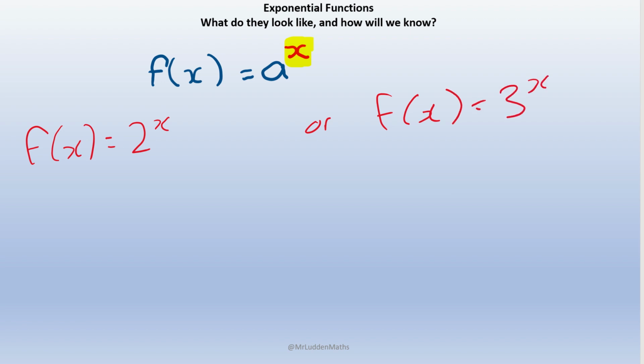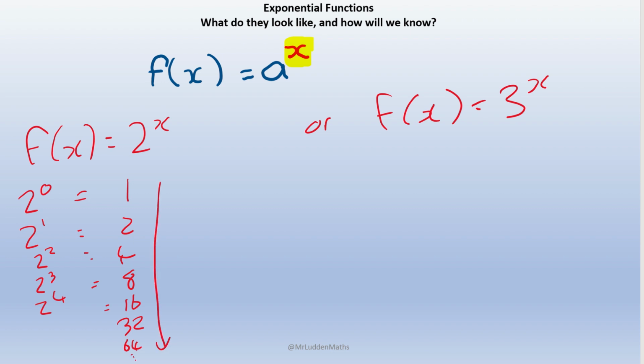And if you think about it, if you were to start substituting things in for x, you'll notice that 2 to the power of 0 is going to give you 1. You can check that on your calculator. 2 to the power of 1 will give you 2. 2 to the power of 2 will give you 4. 2 to the power of 3 will give you 8. 2 to the power of 4, 16, 32, 64, and etc. And all of a sudden, you'll notice that it starts increasing at a faster and faster rate.